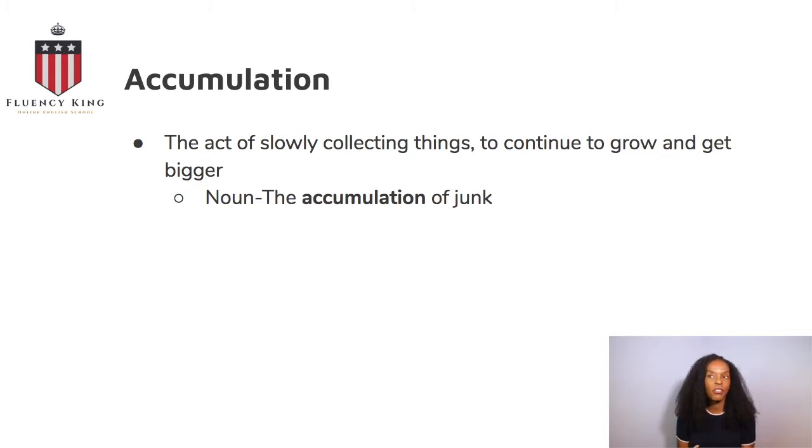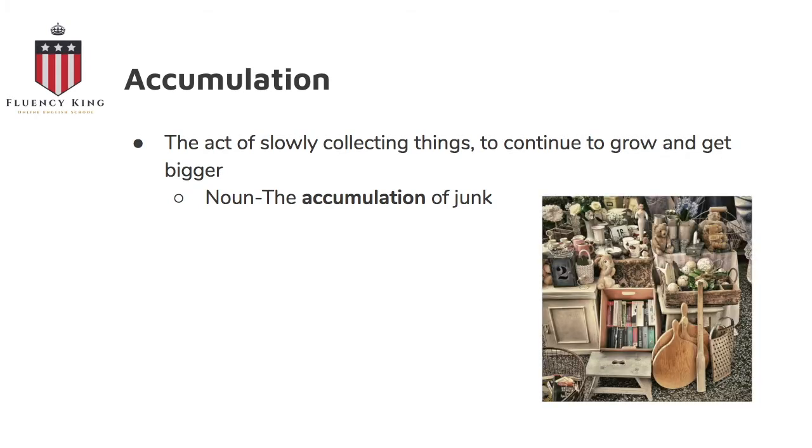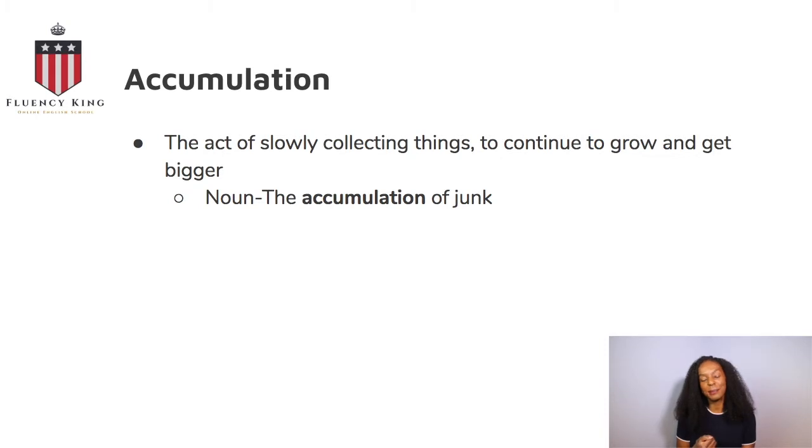Junk is just stuff that is not very useful. Things like little objects that you bought because it was pretty or interesting at the time, but you never use it. And it just takes up space and you really should get rid of it, but you don't. That's what junk is. So the accumulation of junk.